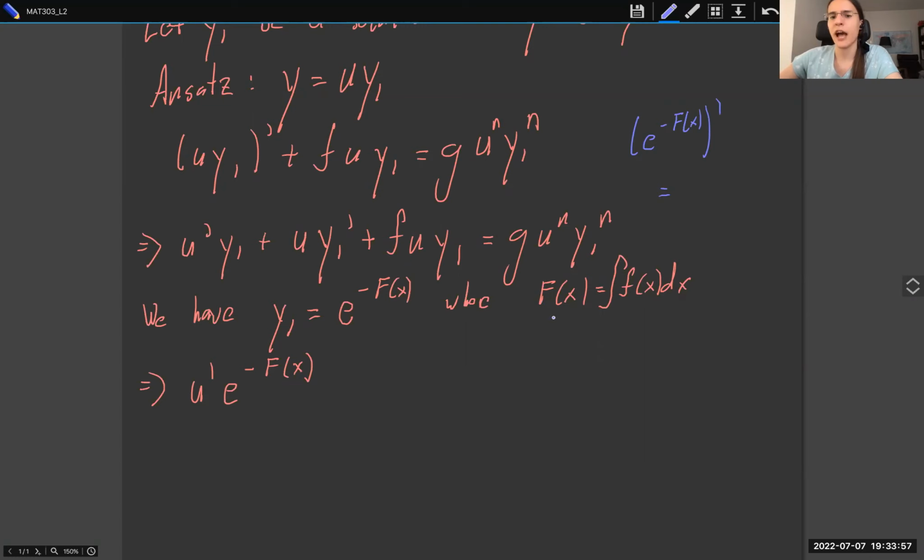What is the derivative of capital F? Just f, yeah, little f. So what happens is that we get e to the negative capital F of x, and then we multiply by the derivative of this. And so that's going to be negative lowercase f of x, e to the negative F of x, right? By FTC2.